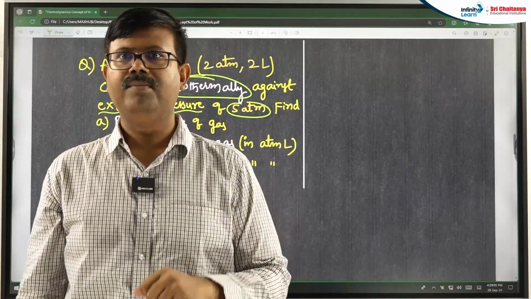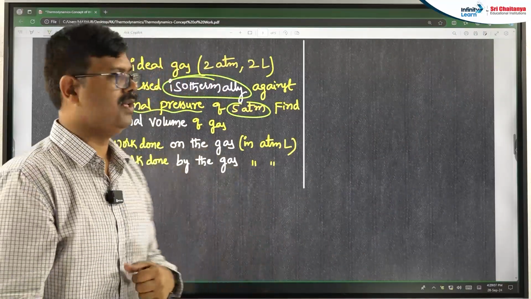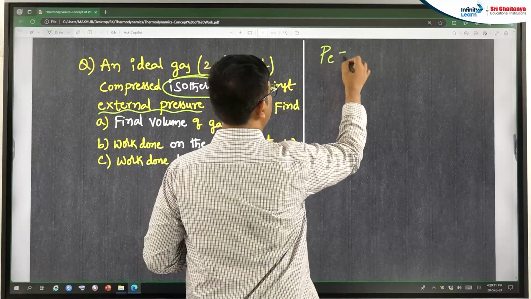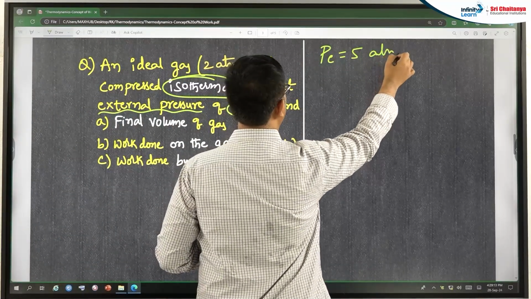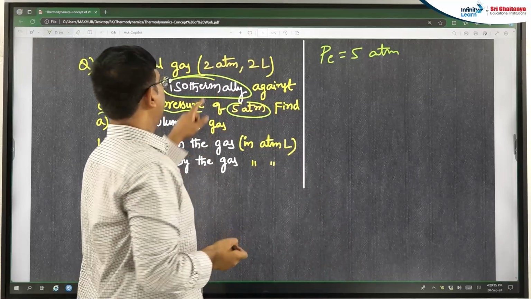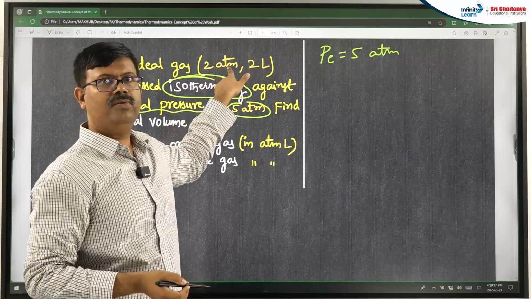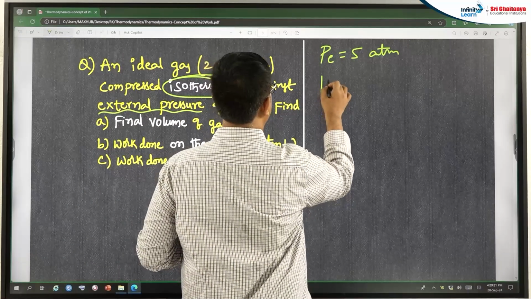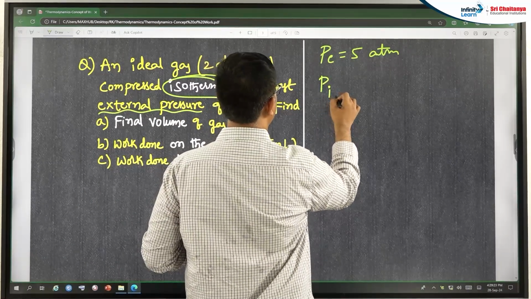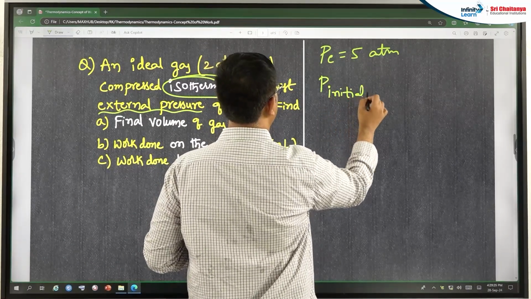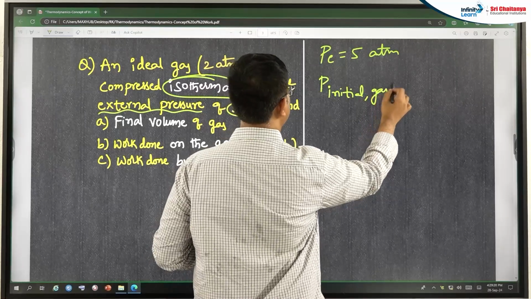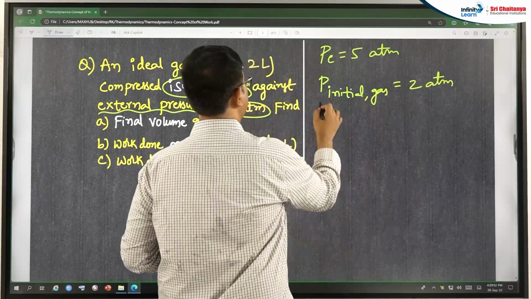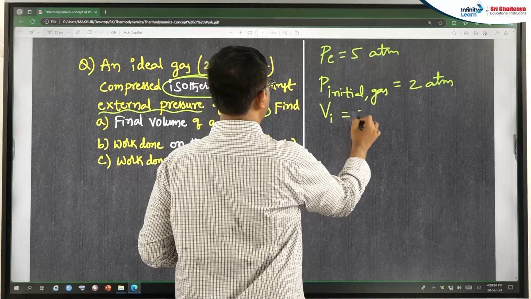That is also external pressure only. So I will write here P external 5 atm. And what is the initial pressure? 2 atm is the initial pressure of the gas, and initial volume 2 liters.